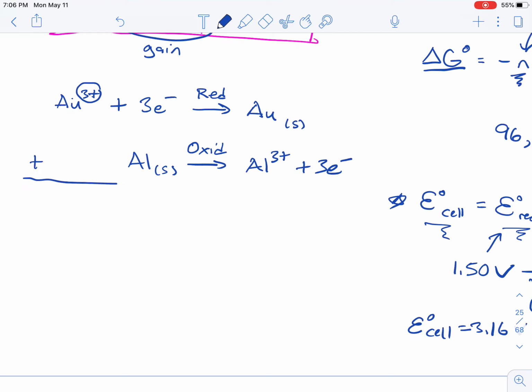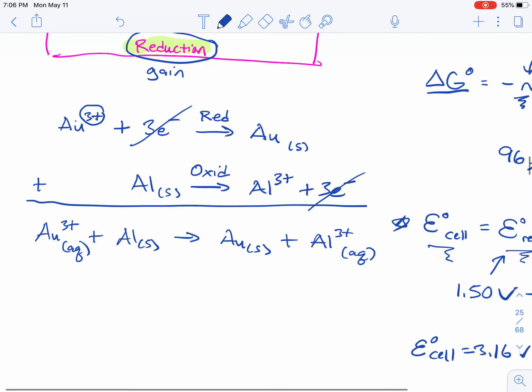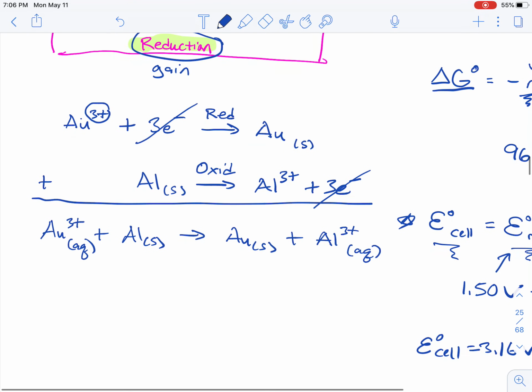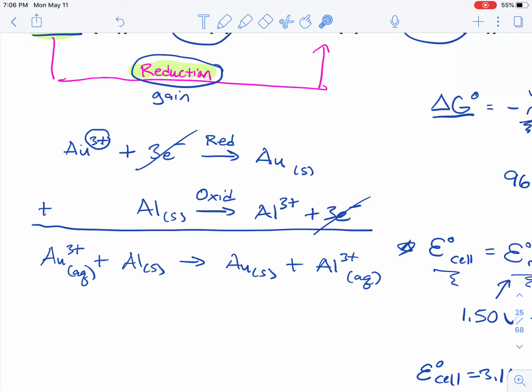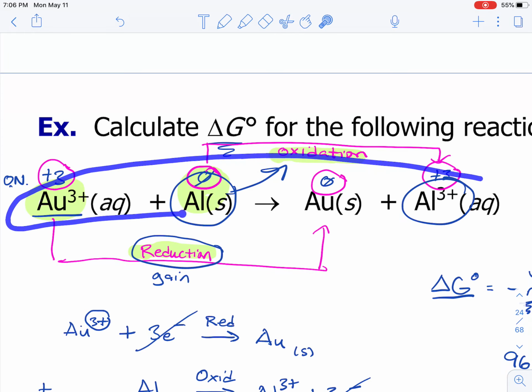Now if you guys add these two equations, we know that these 3 electrons and these 3 electrons are going to cancel, leaving us with just Au3 plus Al solid to produce Au solid plus Al3 plus. Okay. And so I'm not really concerned about my resulting equation when I add them because it's just this, right?